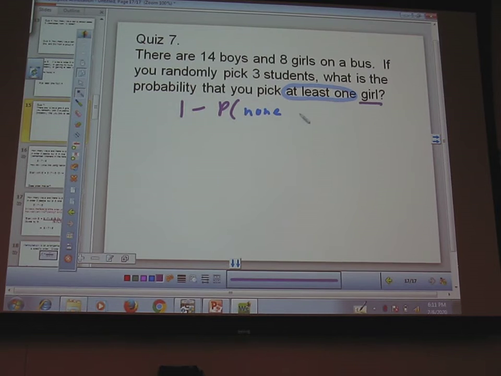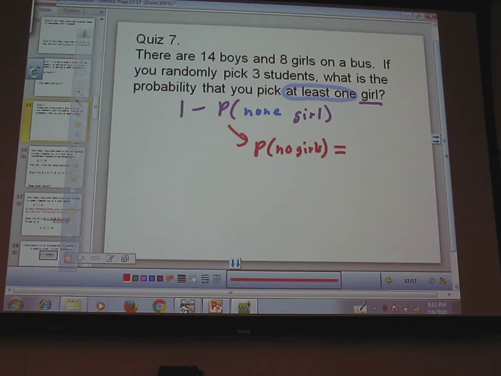None what? None girl. So 1 minus the probability of no girls. So for a second, let's figure out what the probability of no girls is. So this part here, we're going to do off to the side. Probability of no girls.